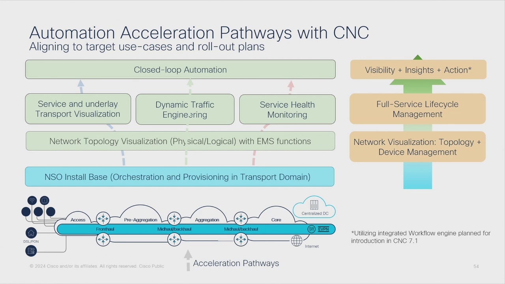And then based on the rollout plans and the target use cases, you can take the path of service and underlay transport visualization, where I can now overlay it on the topology.